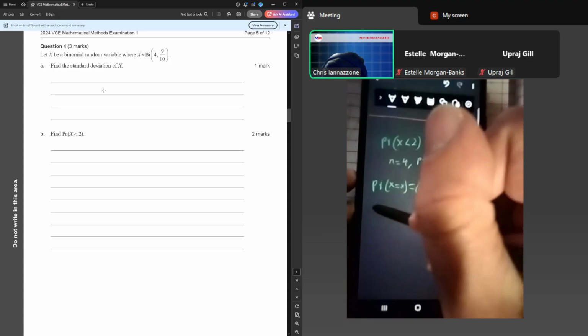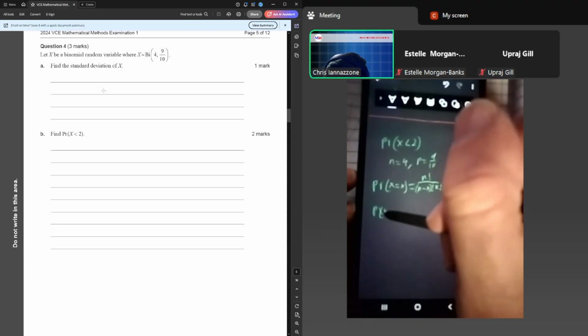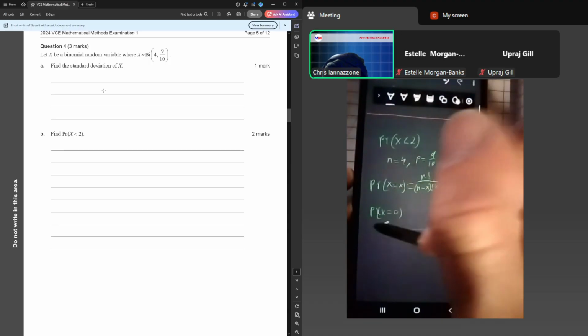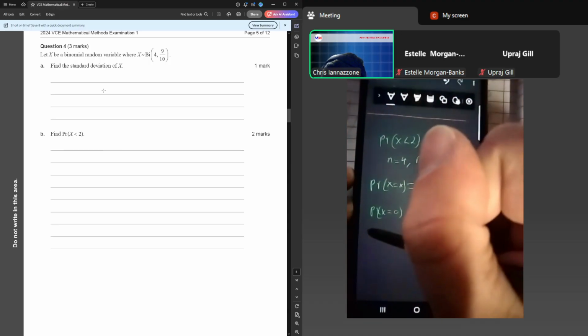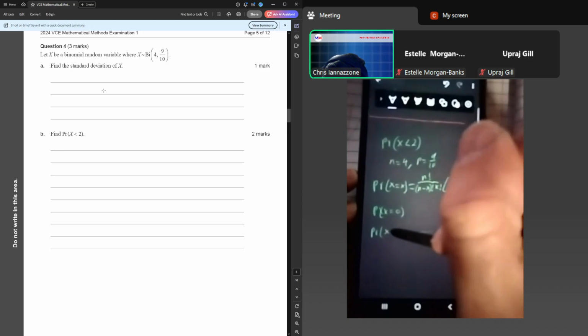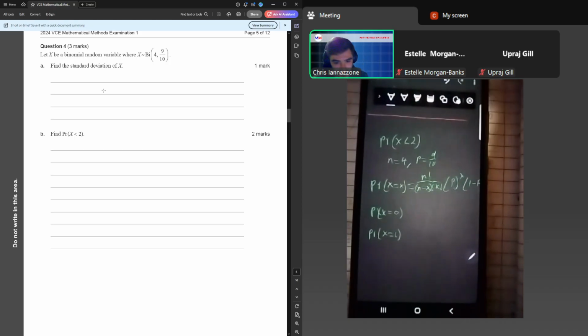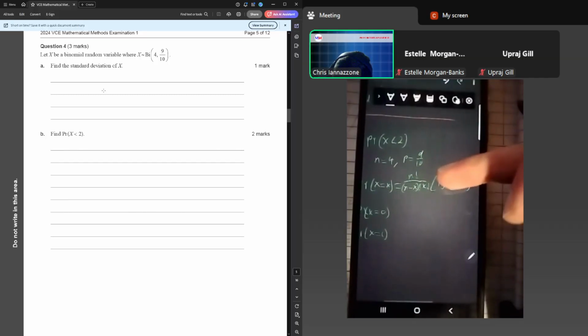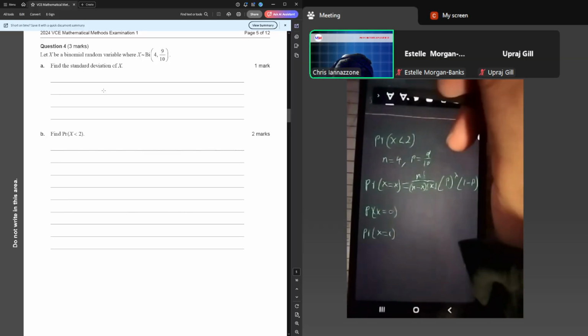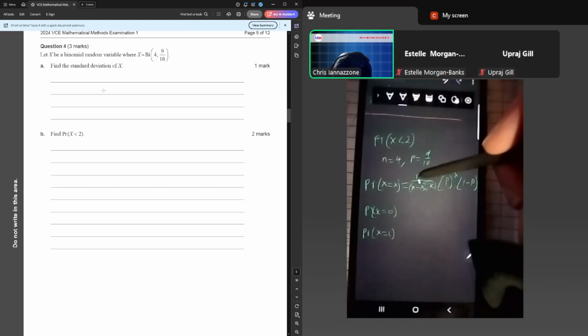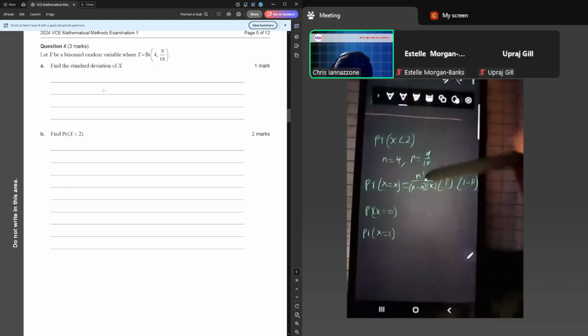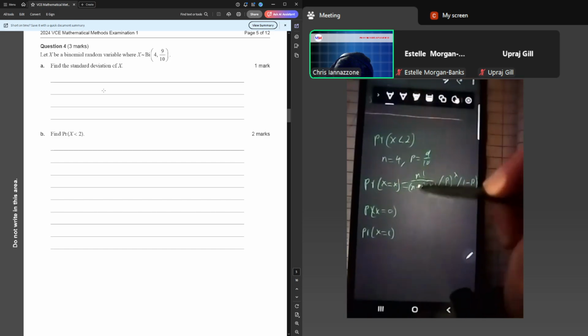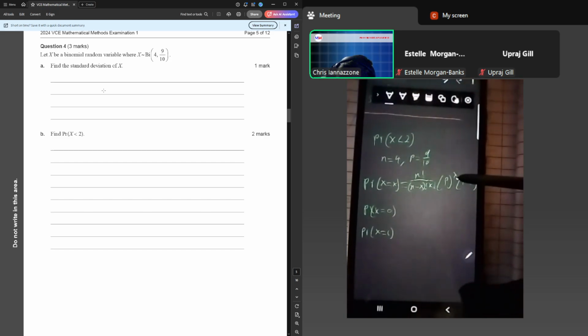So we want to do probability x equals 0, which means every x is going to get a 0. And then we want to do probability x equals 1, so every x is going to get a 1. Now, x equals 0 is a really chill one because anytime you do n choose 0, you just get 1. So that entire thing disappears at the start.